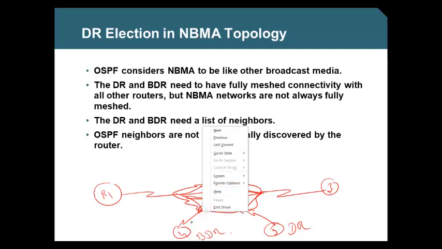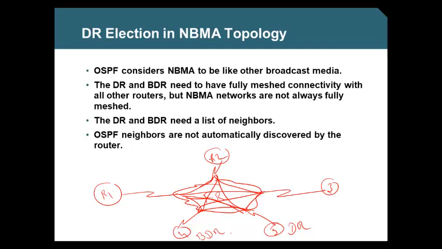But in the real world, NBMA networks are not always fully meshed. What does that mean? Most of the time, NBMA networks are hub and spoke. If this is the hub, it will connect to all spokes.